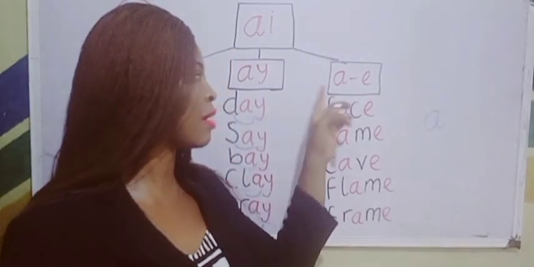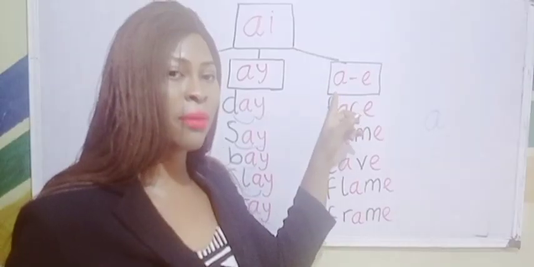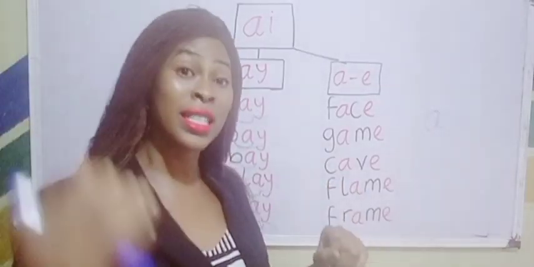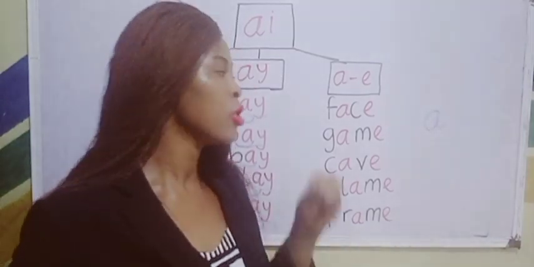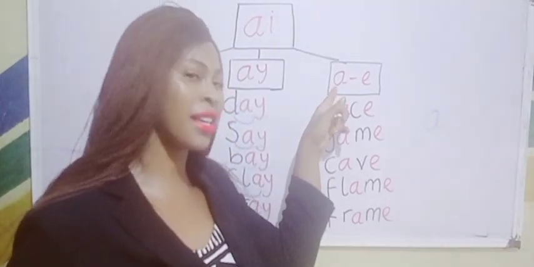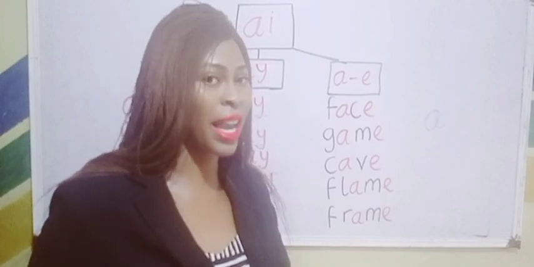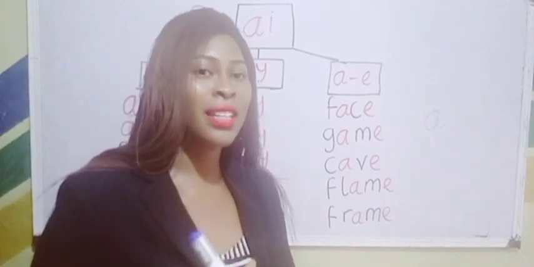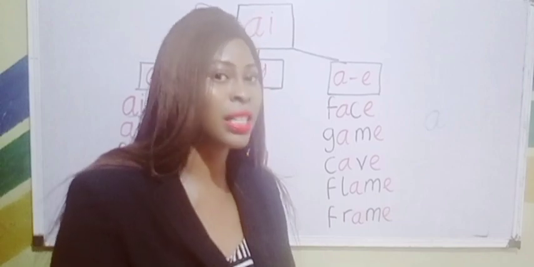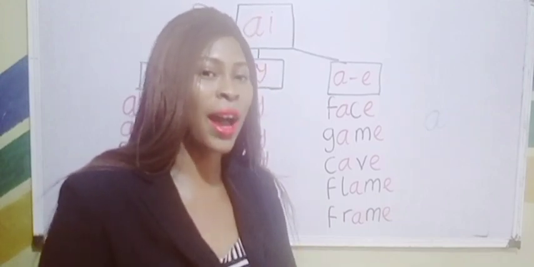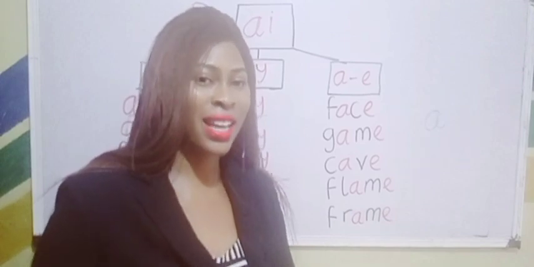And so what is the name of this letter? The name is letter A, and it's sounding as A. Of course, we're not looking at the sound now, we're looking at the name. So can you see that this E is of no significance? But in graphology, in writing, it is important because it enables you to identify the vowel that bears its name.